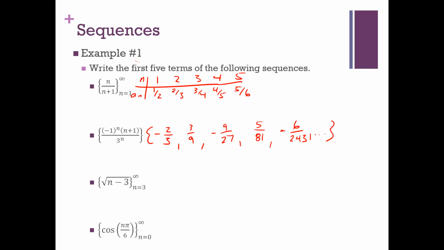So we see that this sequence alternates between positive and negative values. What part of the sequence causes that? (-1)^n. That's a very common way to get a sequence to alternate.